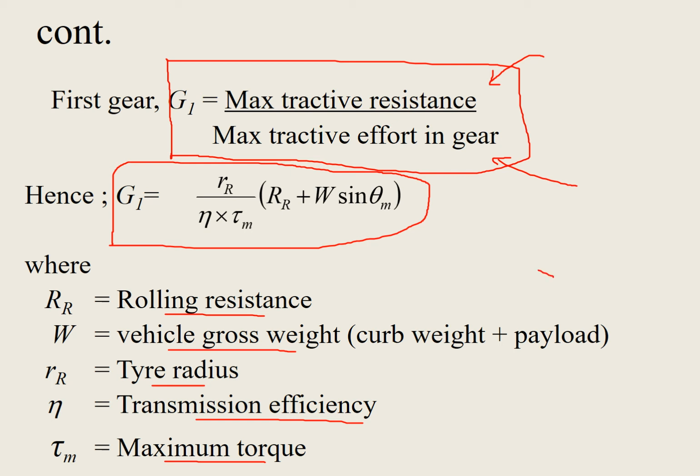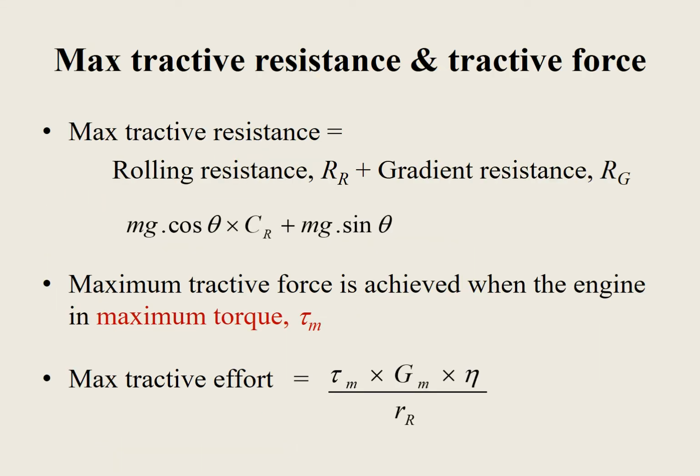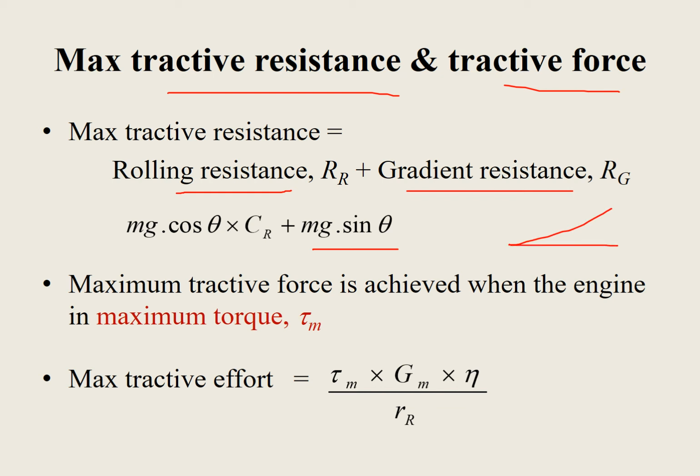If we know these, then we can put them in this formula, and we can also get the hill, what kind of hill that we want the vehicle to climb. So the maximum tractive resistance is calculated by adding up the rolling resistance plus the gradient resistance, plus mg sin theta, where theta is the angle of the hill.